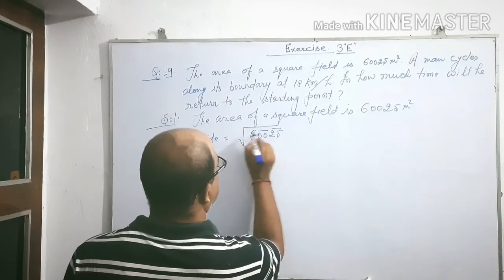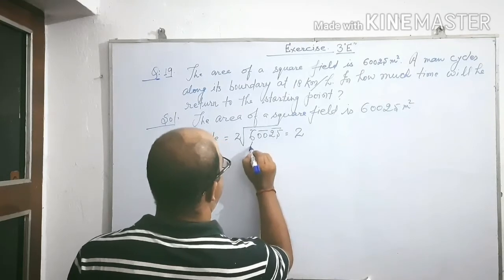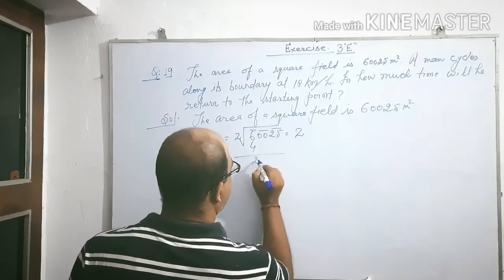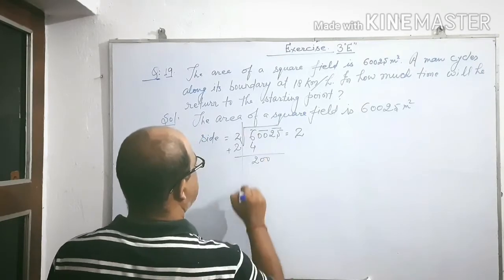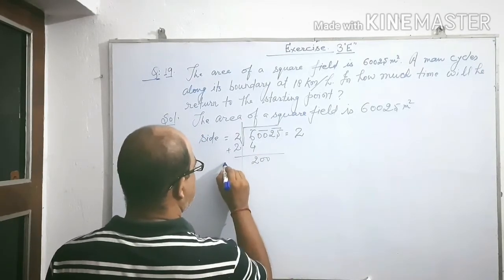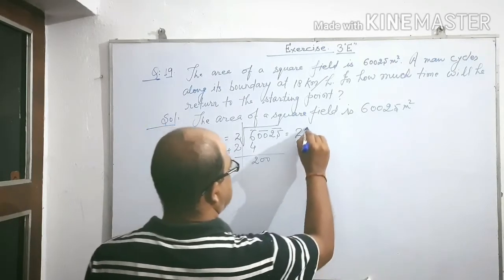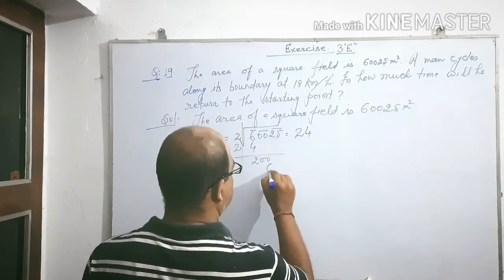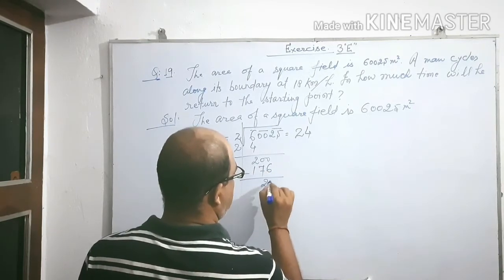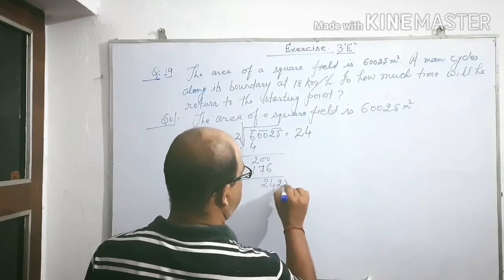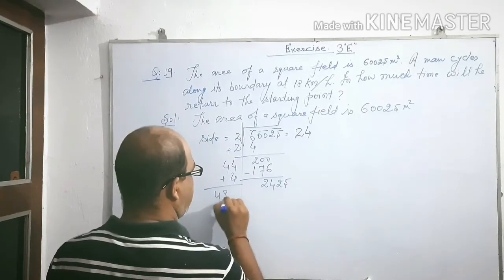Make it pair, and here 2 fours. Note down the pair of zeros. Here 2 plus 2 is 4. 4 fours are 16 and 4 fours are 16, 1 remainder. 24 and 5 will be noted down here. 4 will be added, 4 plus 4 is 8.